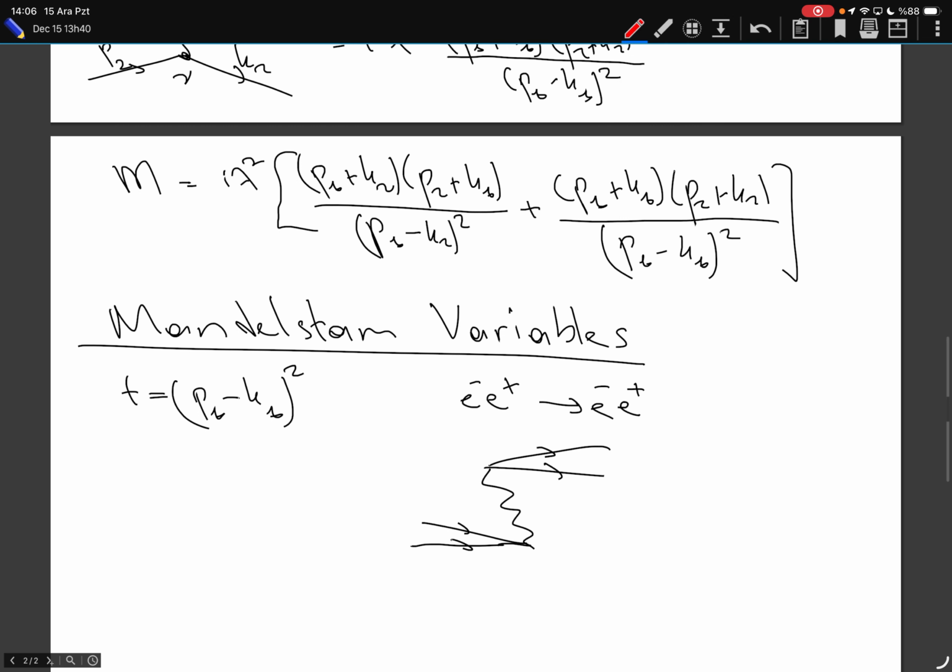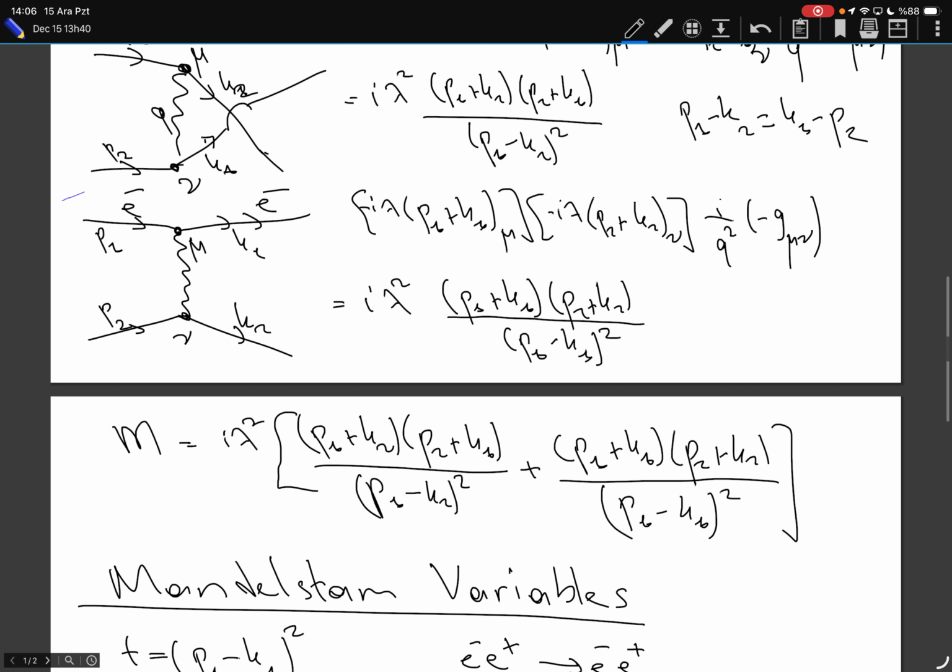Now you need to use a bit of fun imagination. This is an S. What is the momentum of the photon? Well, the momentum of the photon is P1 plus P2. So the S variable is defined as P1 plus P2 squared.